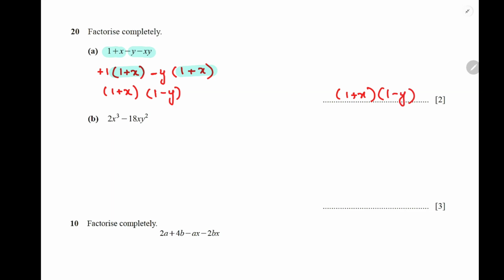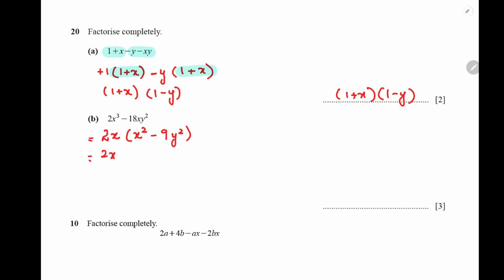Okay, now the second one. I will check for the common first. It's obvious that I can take 2 common and even x common as well. So here I'll be left with x squared negative 9y squared. Then the inside of the bracket, I can go with a squared negative b squared.